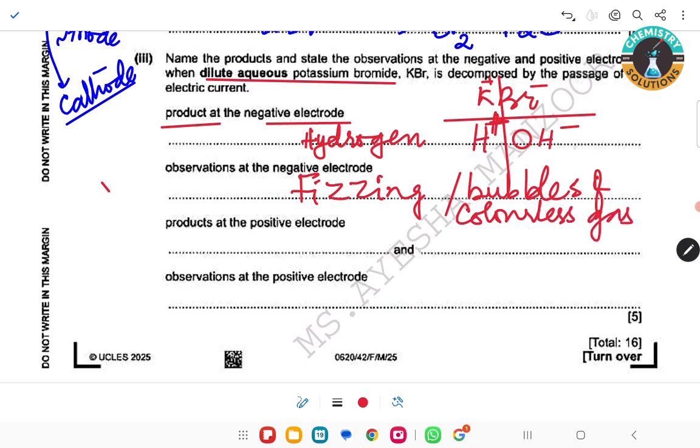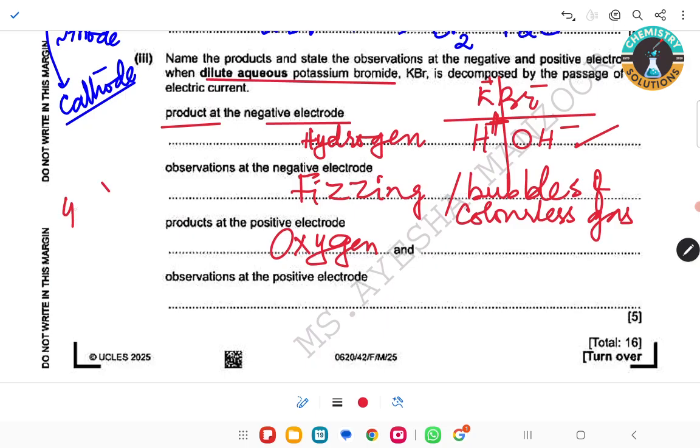Now I have already discussed this in detail. Hydroxide ion will produce oxygen gas as the product at the positive electrode. Okay, they are asking about the product at the positive electrode.